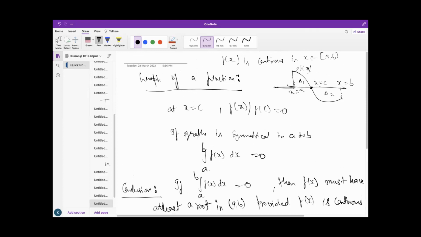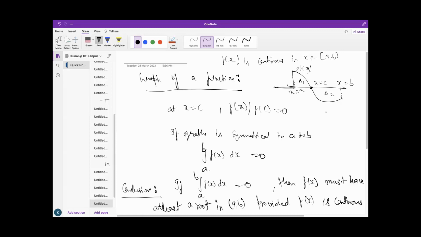If you look at the graph carefully, if the graph is symmetrical, so if this area and this area, we know that the integration of f(x) dx from A to B is nothing but the algebraic sum of the area of each cross section. So if we add that, we get area 0. That means net area 0.